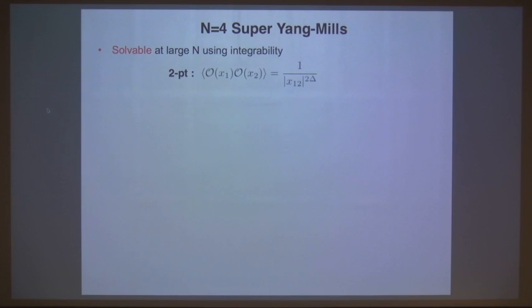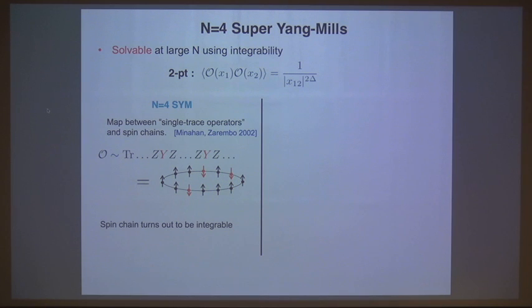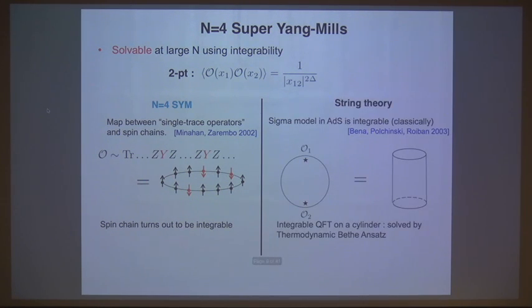It is believed that this theory is solvable in the large N limit using integrability. In particular, for the 2-point functions of single trace operators, it has been shown that there exists a map between single trace operators and spin chains, and the spin chain turned out to be integrable. On the other hand, on the string theory side, it has been shown that the sigma model in AdS is integrable.